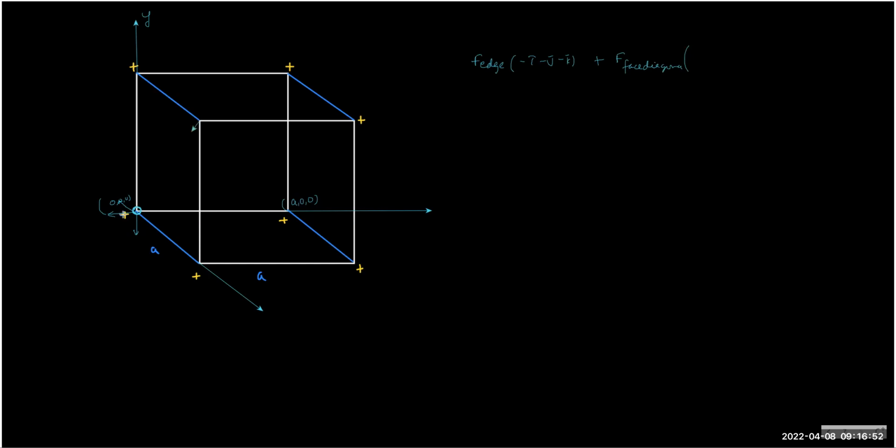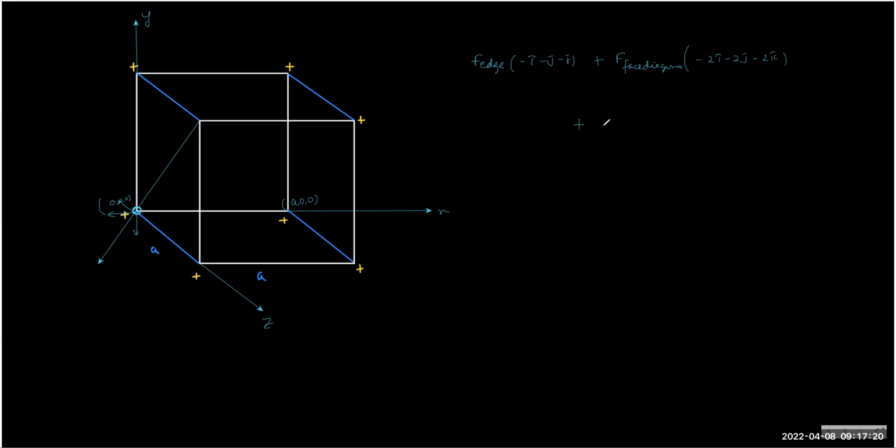If this is the diagonal, this will have one plane, which is the yz plane. So it will have component minus j minus k, and the same will be for all other three. So what we get is minus 2i minus 2j minus 2k. Yes, sir. Understood?